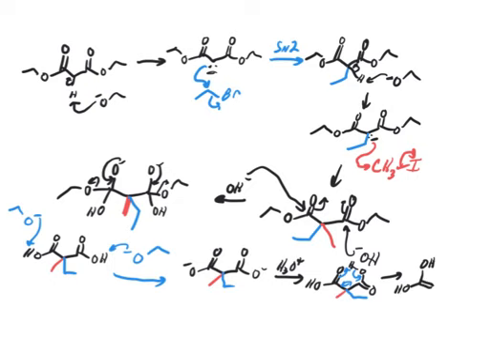So I have the enol form of the carboxylic acid, and then protonation at this alpha carbon, followed by deprotonation.